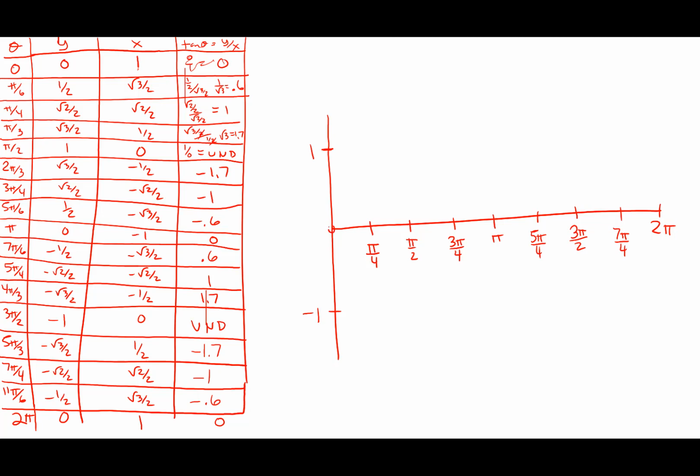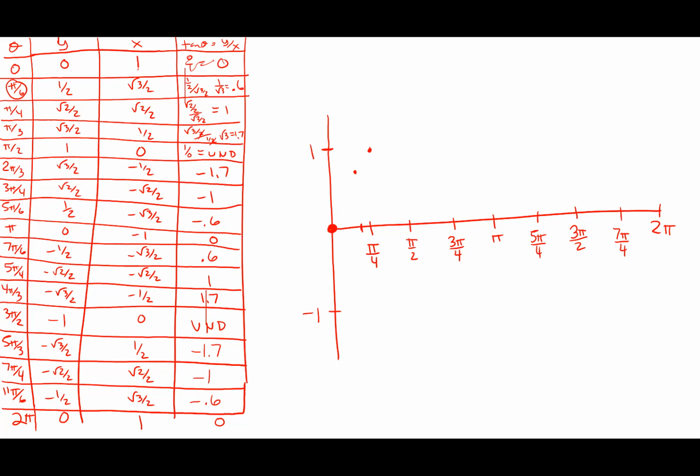And so it starts off at 0. By the time it reaches pi over 6, which is about right here, it's actually 0.6. At pi over 4, it goes up to 1.